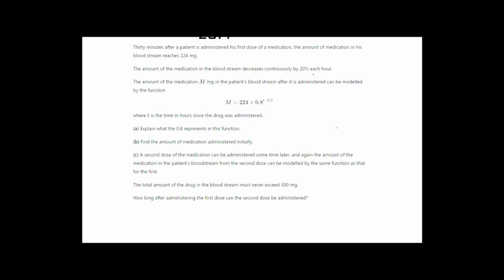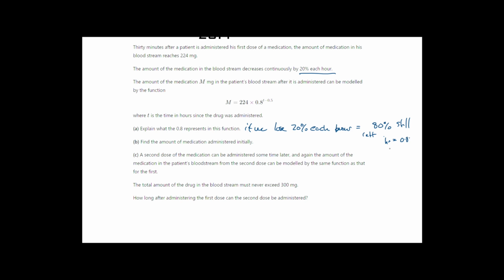Well, the 0.8 bit comes from here. So if we lose 20% each hour, it means that 80% is still left, which means that the dose after 1 hour is going to be equal to 80% of the previous hour.